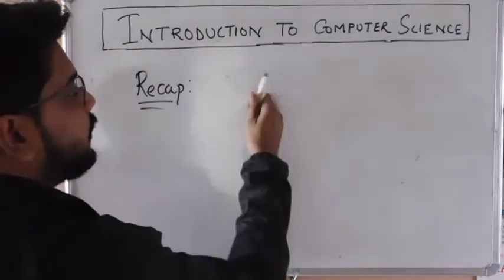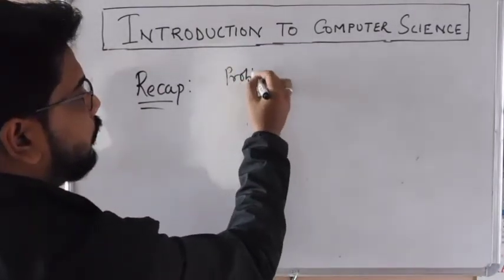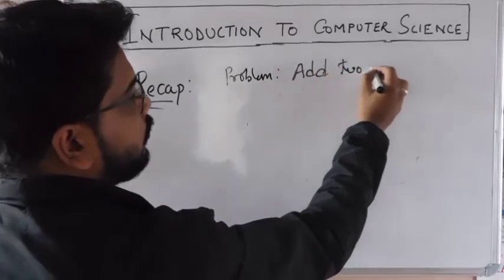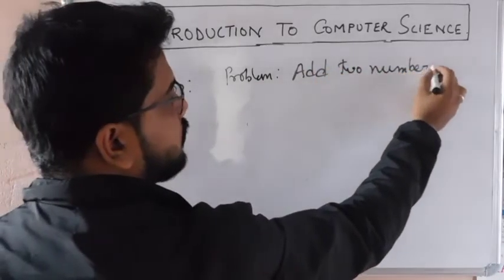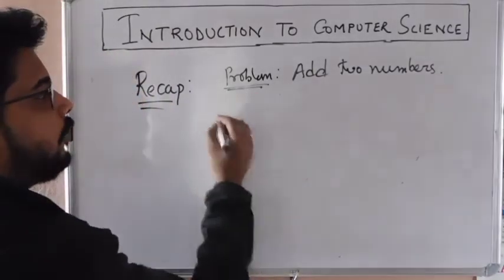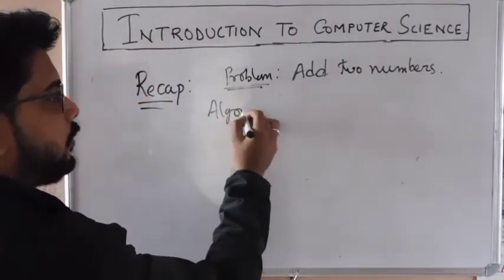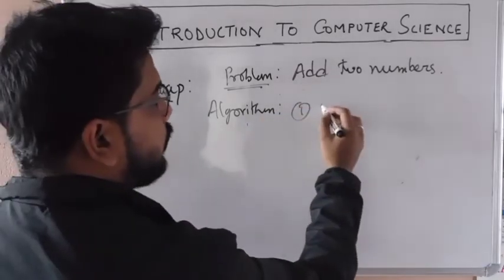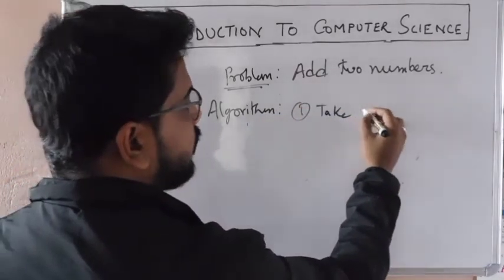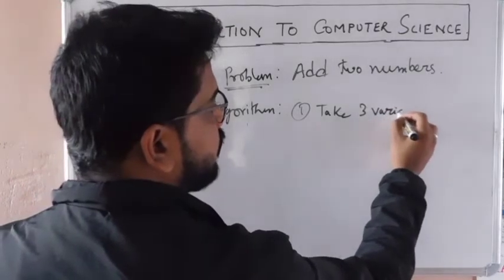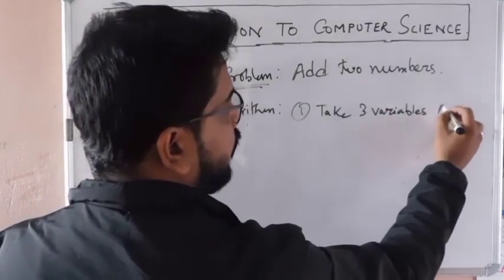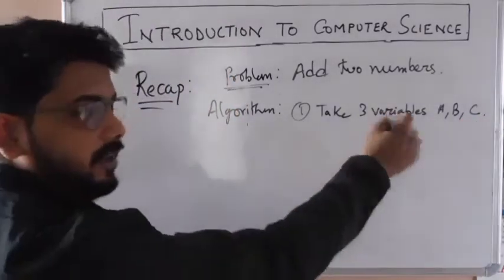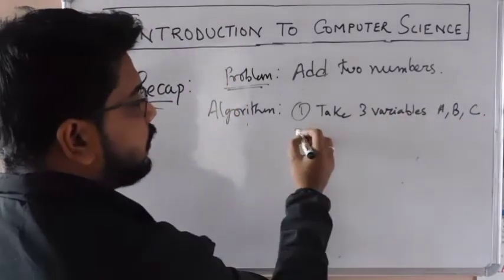For example, there is a problem to add two numbers. Suppose this is the given problem. How will you solve it with an algorithm? First of all, take three variables A, B and C. What variables are and all will come to know in our later classes.